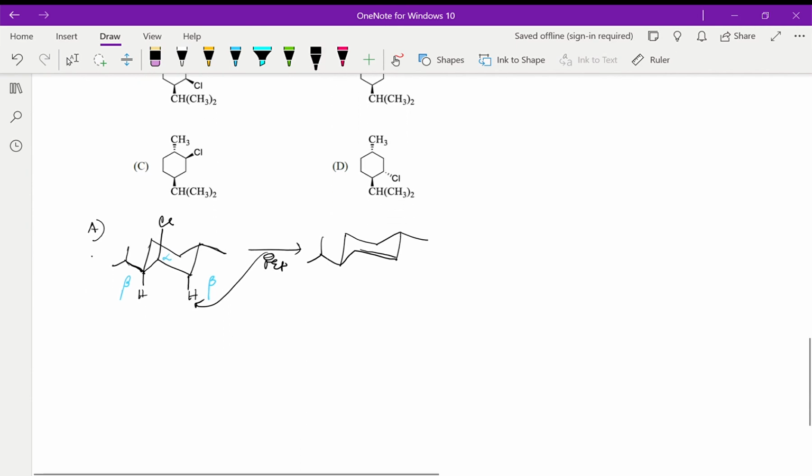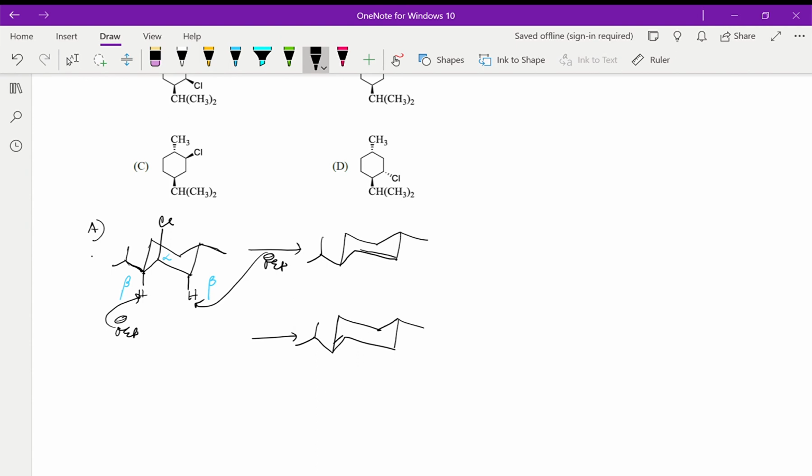And if at all this is taken up by the OEt, then out here our product is going to be something like that. Okay, so there are two products forming over here. So that cannot be our answer.